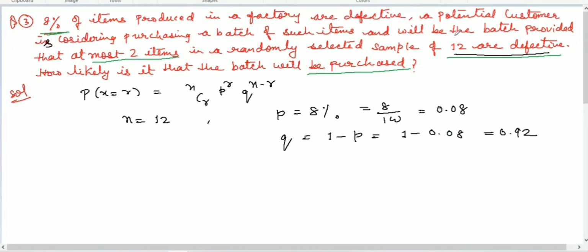So what he is doing, he is taking 12 items, and you need to find what will be the probability that at most 2 items are defective.